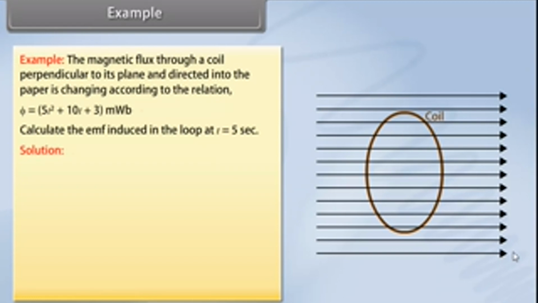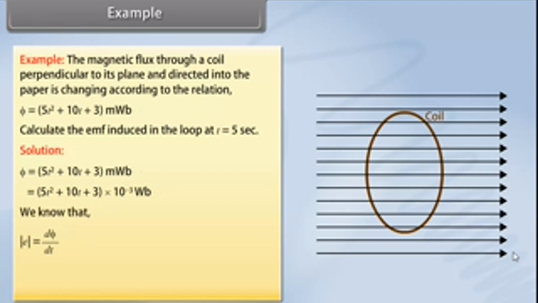Let's see the solution. Given phi is equal to 5t square plus 10t plus 3 milliWeber, it can be written as phi is equal to 5t square plus 10t plus 3 multiplied by 10 raised to the power minus 3 Weber. We know that E is equal to d phi by dt.